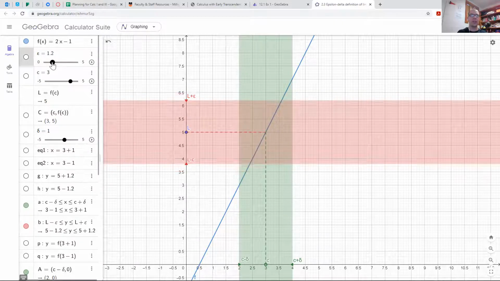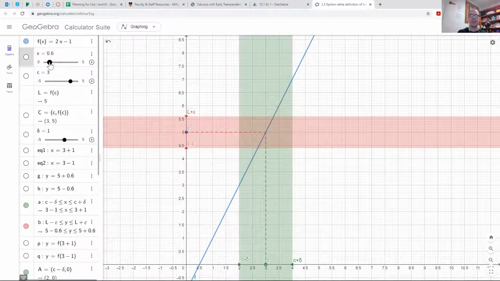And so we'd like to be able to shrink epsilon down and down and down. But right now, if we used this wide of a delta band, we would not be guaranteed to land in this set of y values if we put in this set of x values. We could land outside it. We could land here, here, here. All of those are lower than the band where we want to be in. All of these are above the band that we want to be in. So we're too far away from L.